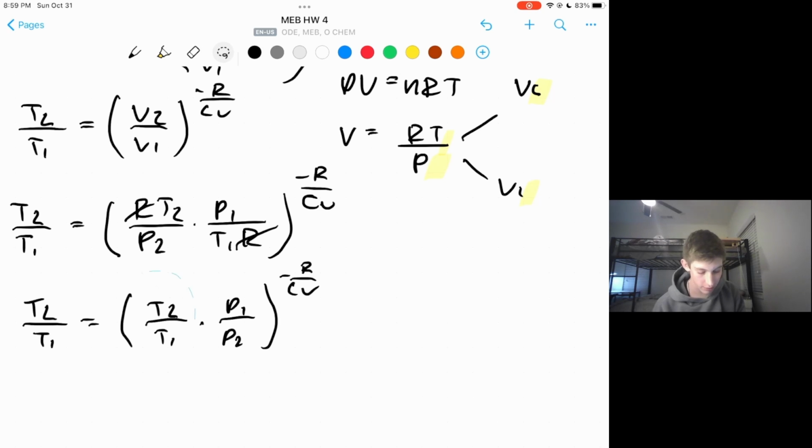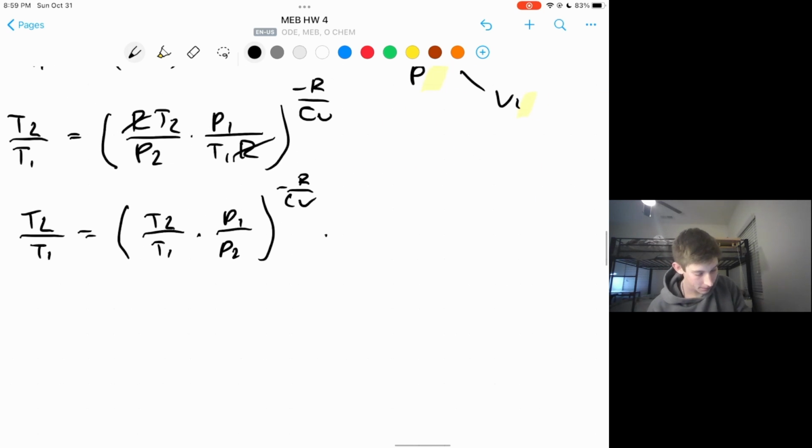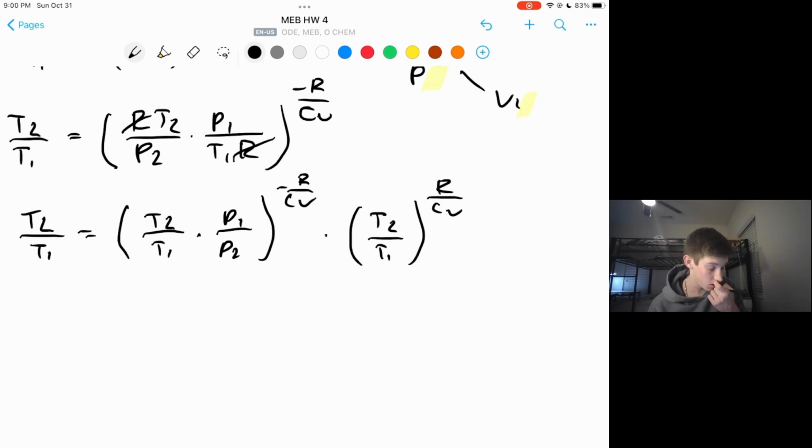So we notice that we have a T2 over T1 term here, and we also have one here. So what we want to do is multiply both sides by T2 over T1 raised to a positive R over Cv.